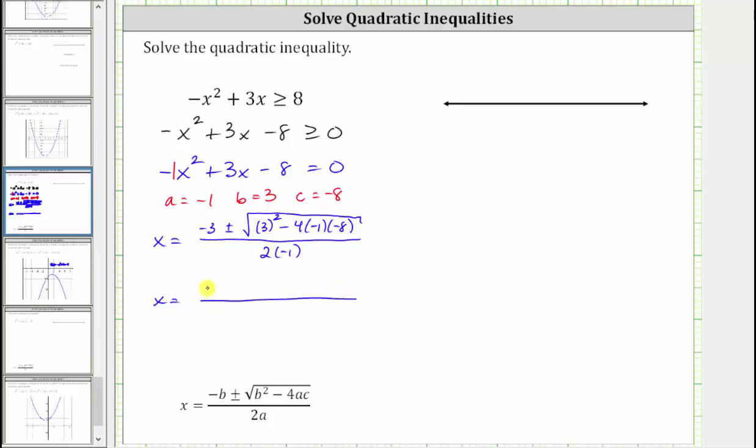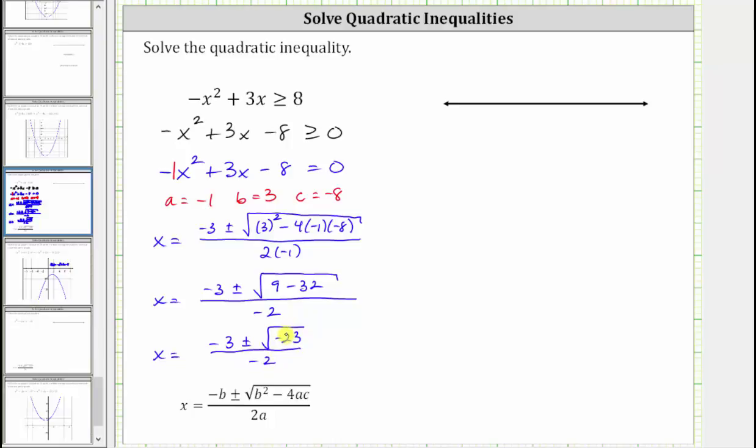We have negative 3 plus or minus the square root of 3 squared, which is 9. And then we have minus 4 times negative 1 times negative 8, which is minus 32, all divided by negative 2. 9 minus 32 is negative 23, giving us x equals negative 3 plus or minus the square root of negative 23, all divided by negative 2.